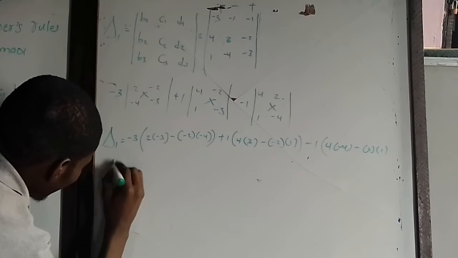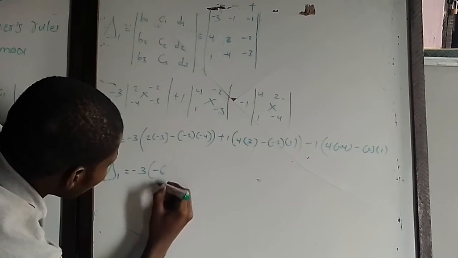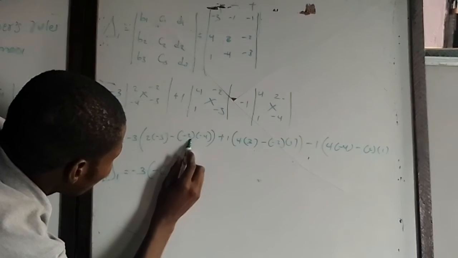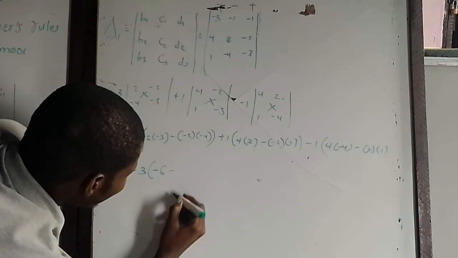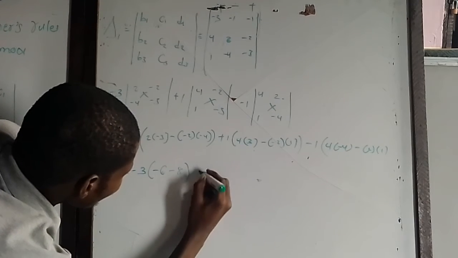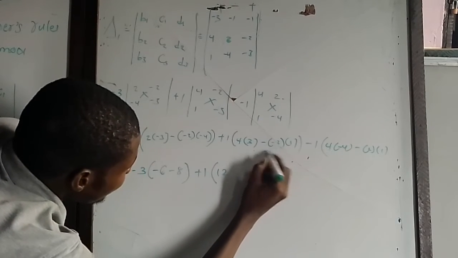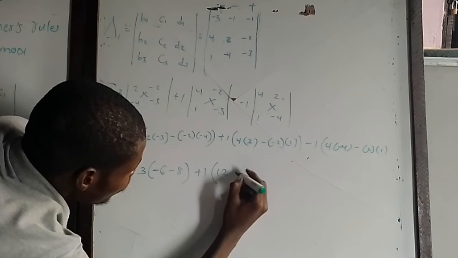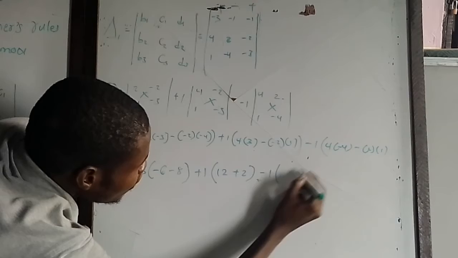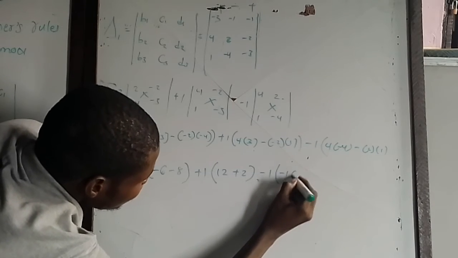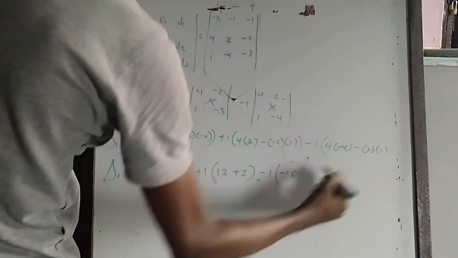So you are going to have determinant 1 equals to minus 3, minus 6, minus 2 times minus 4 will give us plus 8, plus 1, 4 times 3 will give us 12, minus 2 times this will give us plus 2, minus 1, 4 times this will give us minus 16, minus 4 times 4 will give us minus 16, 2 times 1 will give us minus 2.